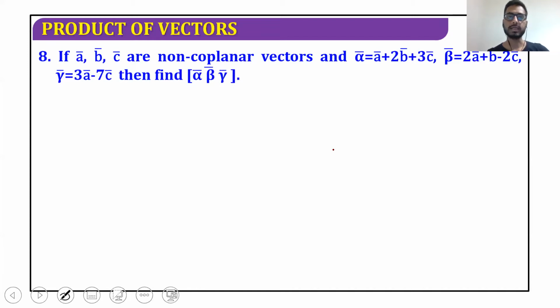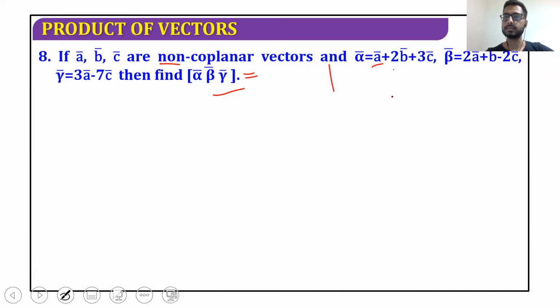A, B, C are non-coplanar vectors. Alpha bar, beta bar, and gamma bar is given to you. I have to find value of this term. These are non-coplanar vectors A, B, C. Therefore, value of A bar, B bar, C bar is not equal to 0. This term is equal to, I'll take A, B, C common as we have seen in previous cases.